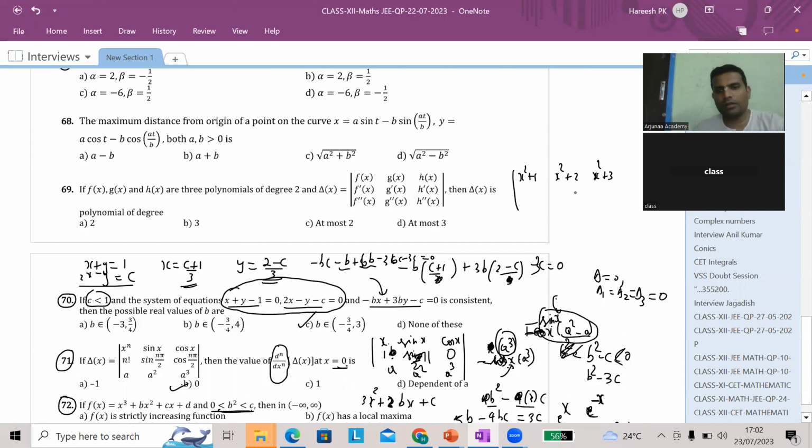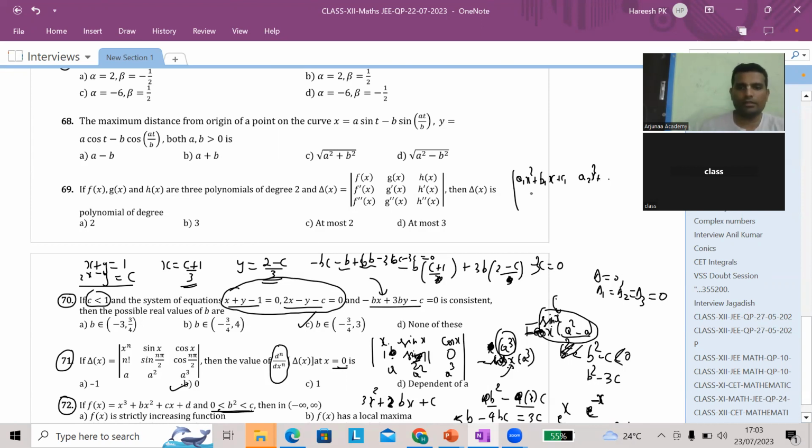Or if you want a general case, that is also better. Better keep general case. That also is okay. This will be a1 x square and this will be a2 x square, like that.